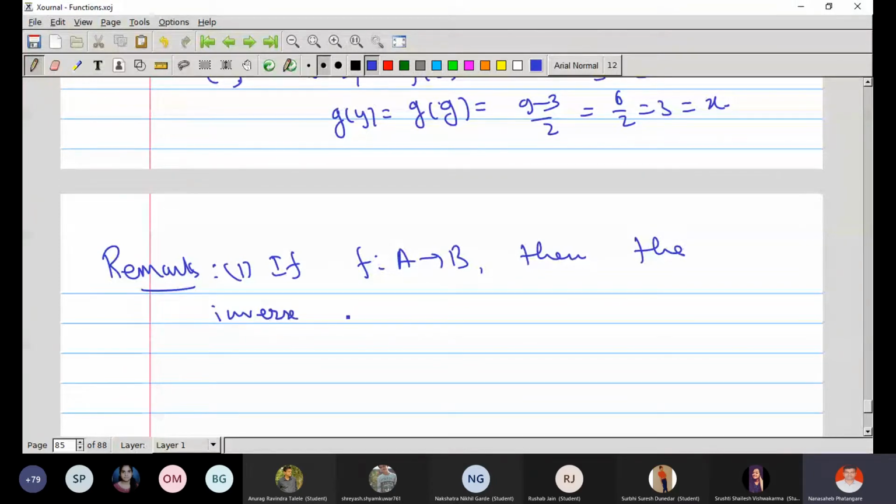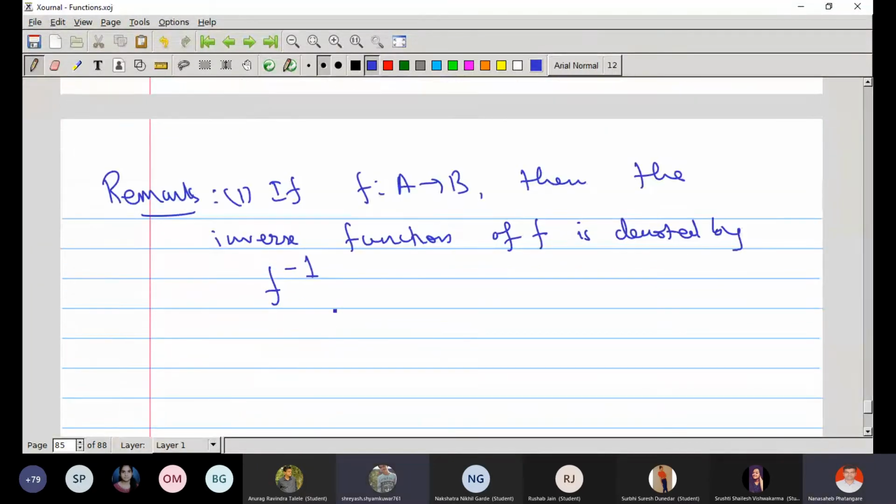So this is a notation for the inverse function of f. And what is the domain of the inverse function? B. And it is from B to A. Right?